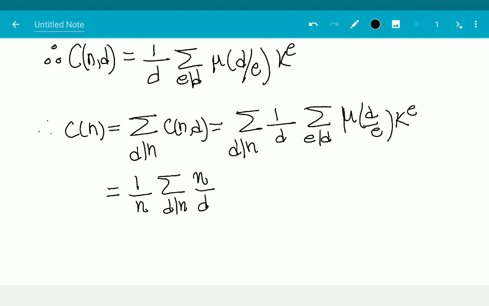Multiplying outside and inside by n and 1 over n so that the sum total remains constant. E divides D, mu of D over E, k to the E.